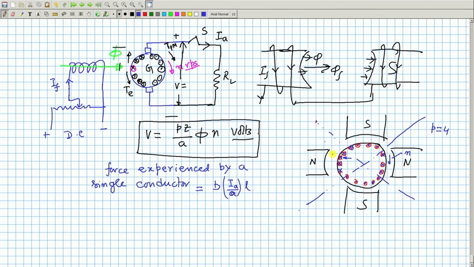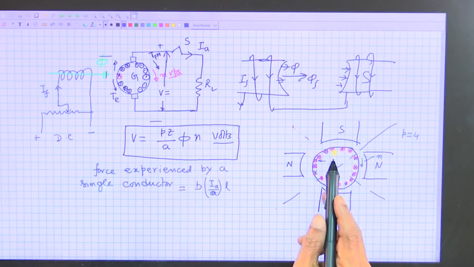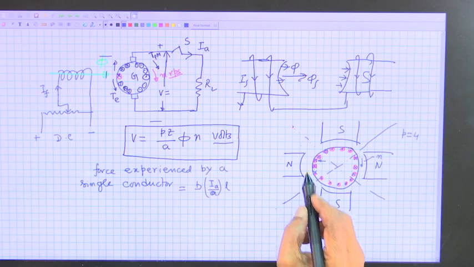And once again, as this conductor moves, we will see different values of B, but nonetheless the direction of the force will be like this, in the anticlockwise direction.